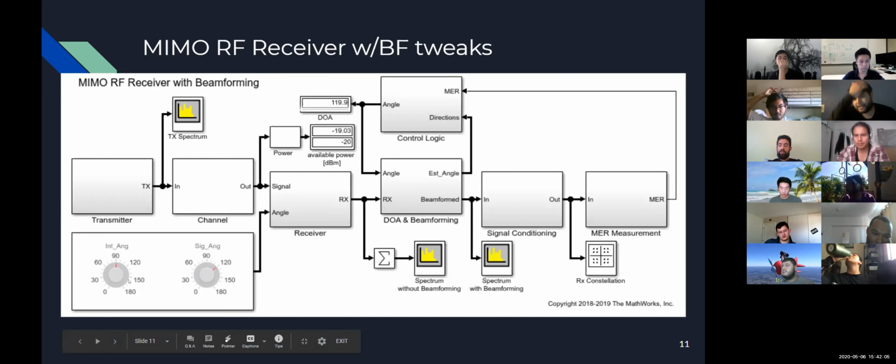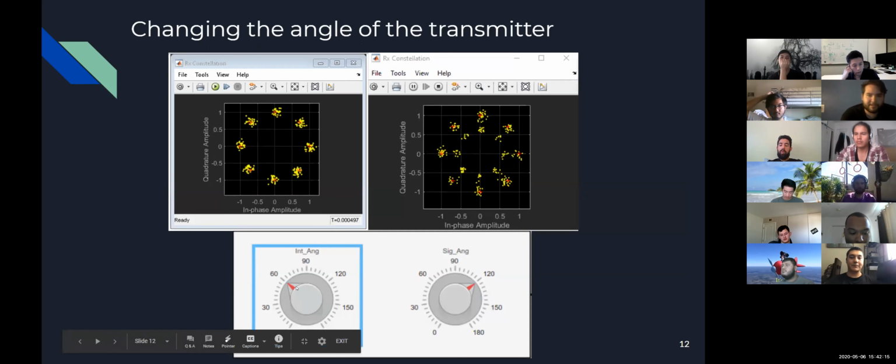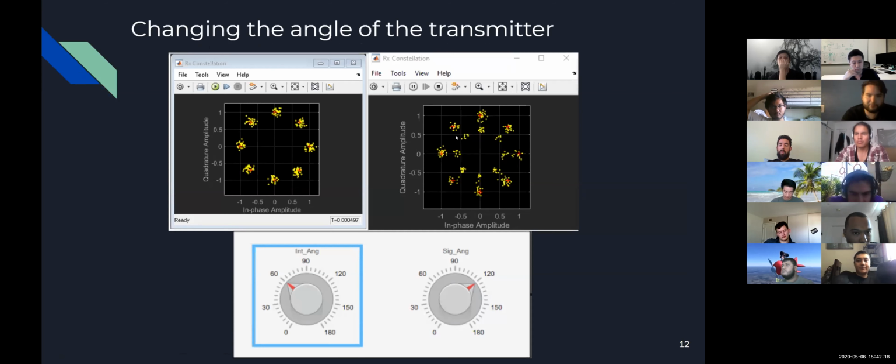It's basically the transmitter is facing the receiver, and then when you move it, let's say to 60, the graph on the right is when you move it, you can see that it's all scattered up, and the one on the left is the original when the transmitter is facing the receiver. I think this will be an example of analog beamforming, but I'm not positive.